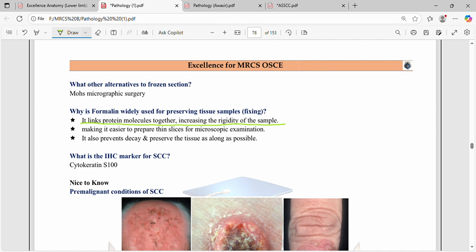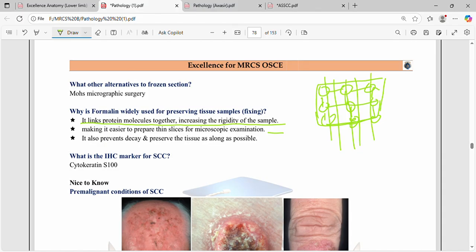First, it maintains the basic structure by linking the proteins together. Second, it makes the sample rigid and stiff, so it is very easy to make thin slices. It also prevents decay and preserves the tissue as long as possible.